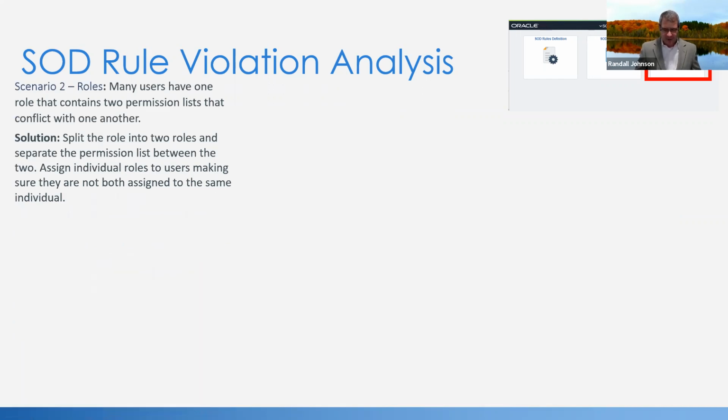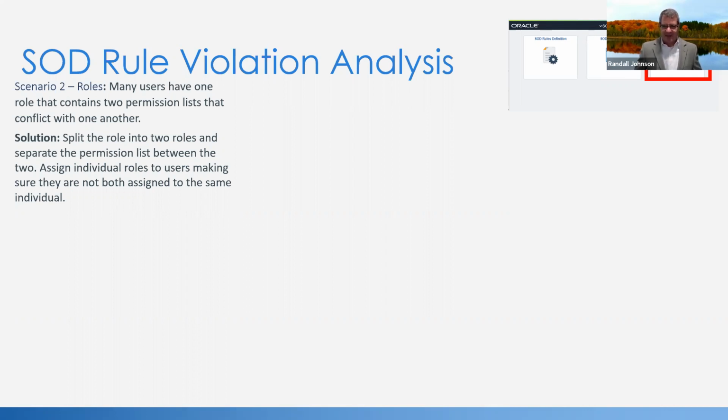We've got queries that are pre-built on the analytics page that will show you permission lists with violations, roles with violations, and then ultimately individual users with violations. If you've got roles, okay, so let's assume that you go through and you correct all of the permission lists that are generating your permission list violations.